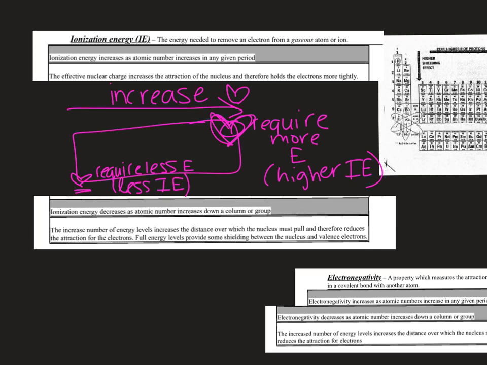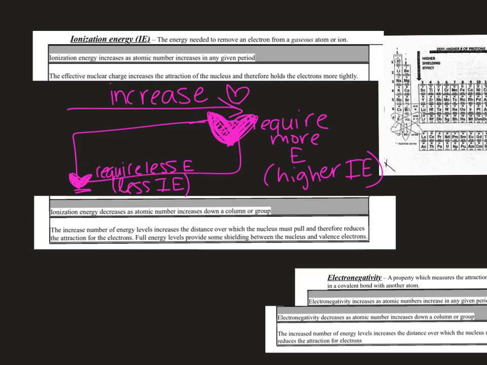These guys are holding on to those electrons a whole lot more than things down here. The right-hand side of the periodic table is holding on a lot tighter than the left-hand side.